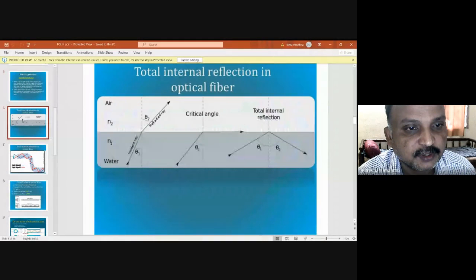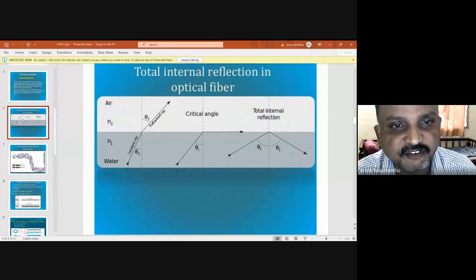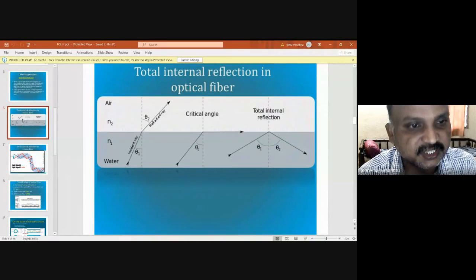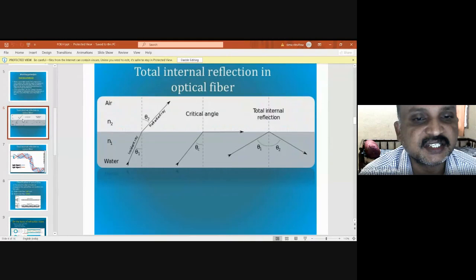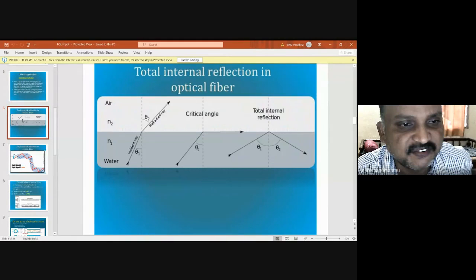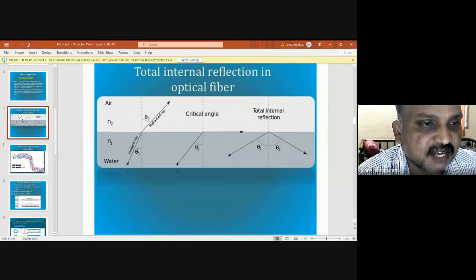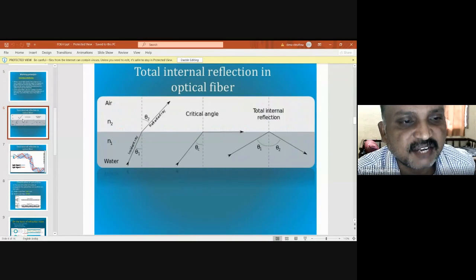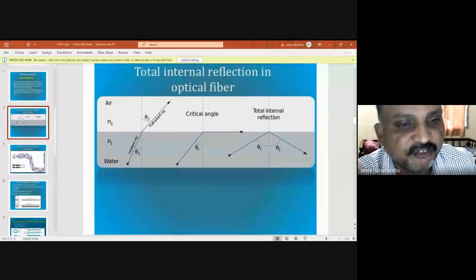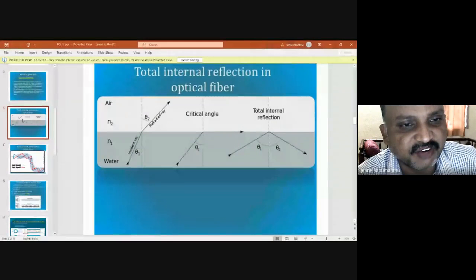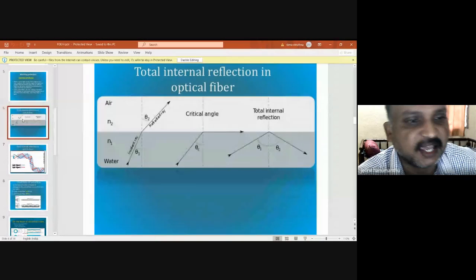See, the total internal reflection in optical fiber can easily be understood with the graphs. See, there is N1 and N2. What is N1? N1 means one refractive index. N2 means the other refractive index. For example, here we can apply for core having some refractive index, say N1.